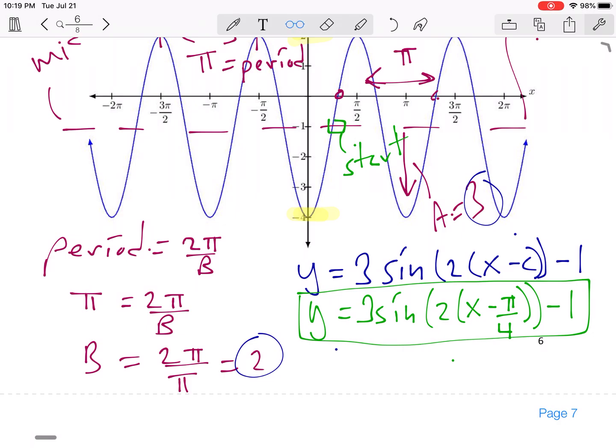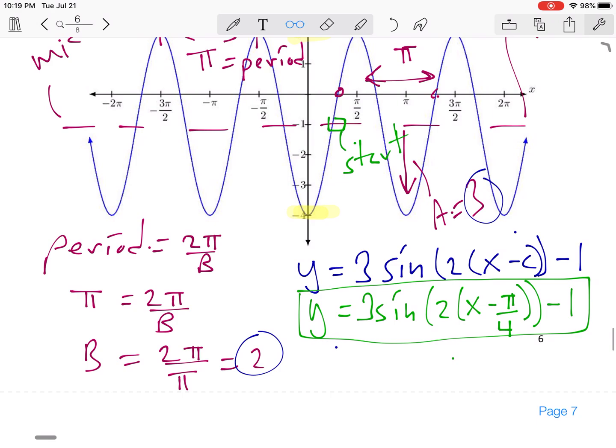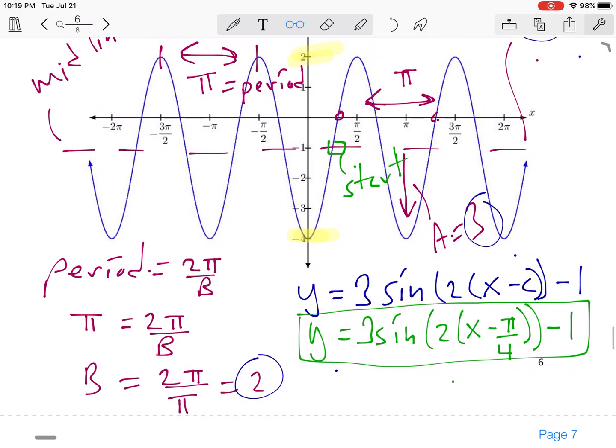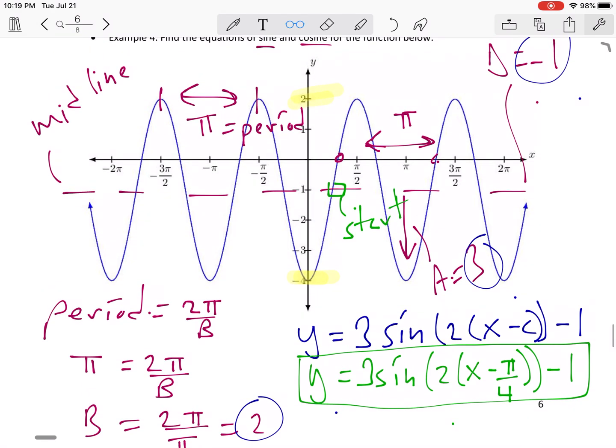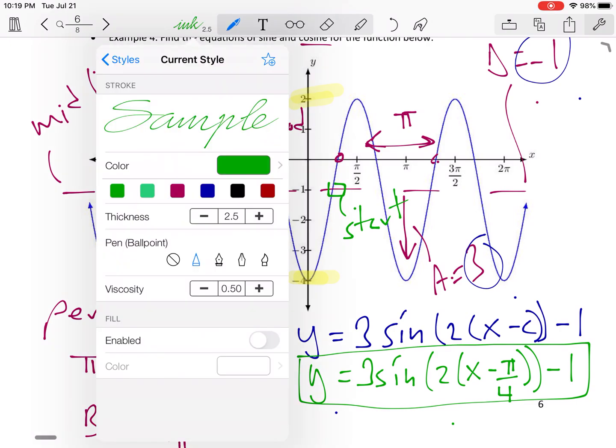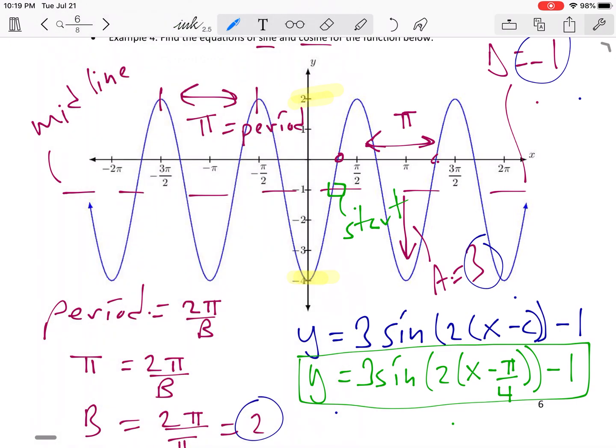Cosine, we're going to do the same thing. For the cosine, again, we've got all the letters except c, so let's look at how a cosine would start. Cosine starts at the top, and if we look at this cosine, it starts over here. So that's your start for cosine. That's pi over 2 to the right of where it should be, because it should be on the y-axis.